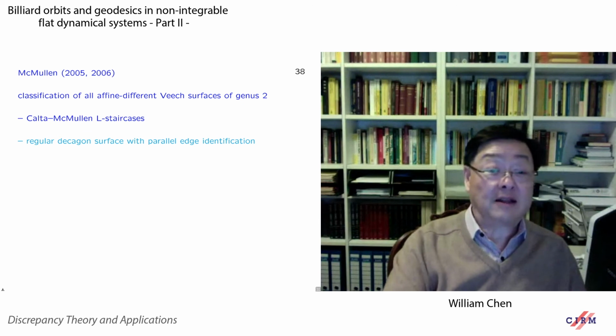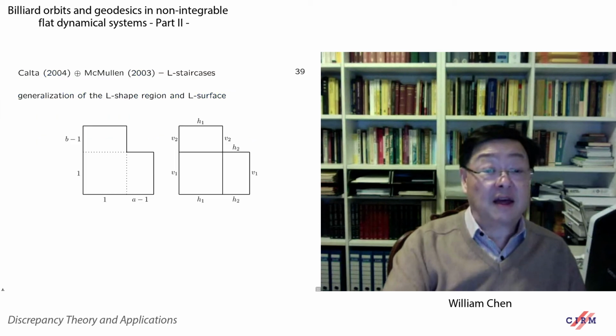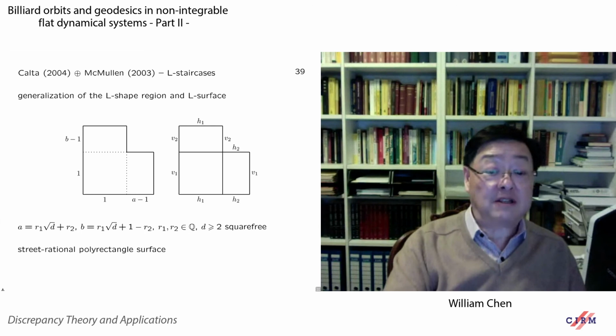Right? The other class are what is called the Calta-McMullen L staircases. They are actually generalizations of the L-shaped region and the L surface. So what happens is that if we take A and B, the lengths, describe them in terms of two rational numbers R1 and R2, and a square free integer d, then we have street rational polyrectangle surfaces.